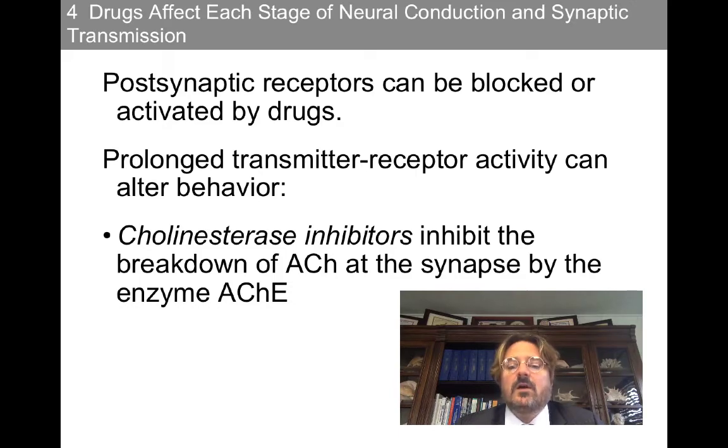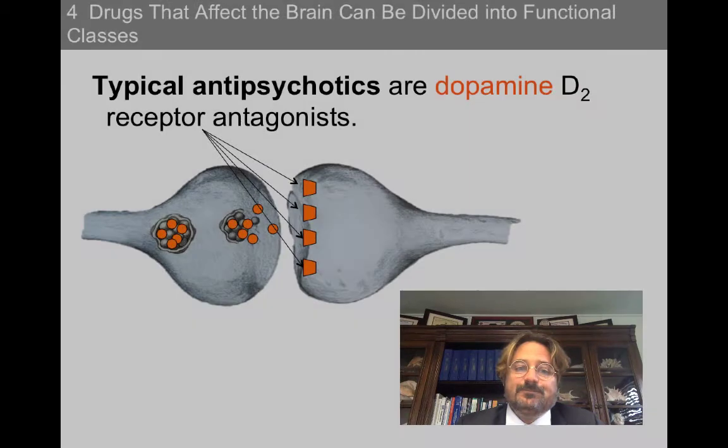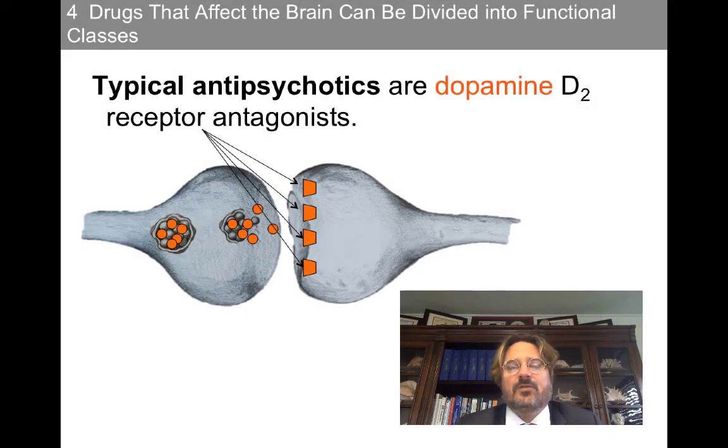being degraded by acetylcholinesterase. So we're going to talk about three general classes of drugs, the first being antipsychotics. Typical antipsychotics were the first. They're dopamine 2 receptor antagonists. So these are dopamine 2 receptors here, on the postsynaptic membrane, and the orange circles are dopamine.